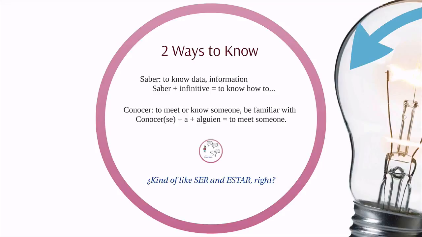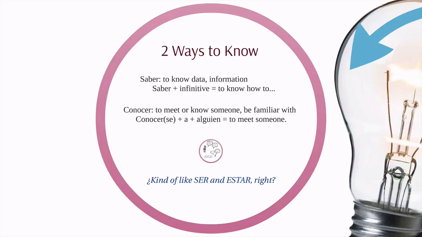When we meet someone, that verb becomes reflexive and we have to use the preposition a. So we say conocerse a alguien. That se that we see popping up now and again means, hey, I'm a reflexive verb. And we haven't really talked about reflexive verbs in this course, but suffice it to say that in Spanish, reflexivity has a very different role from the role it plays in English.